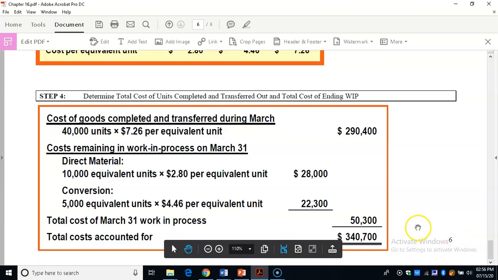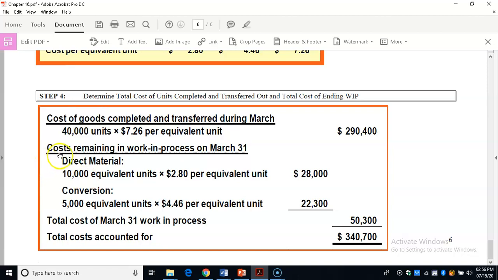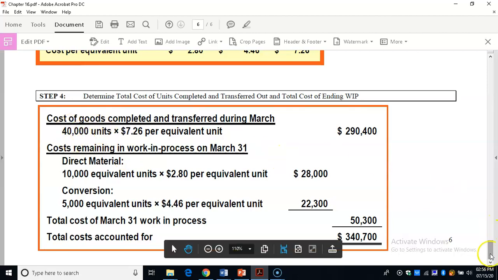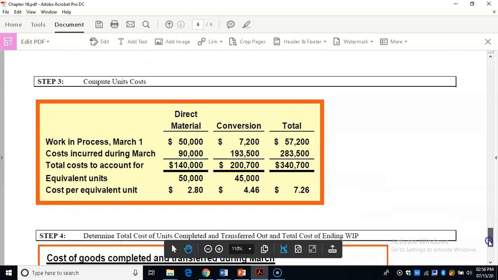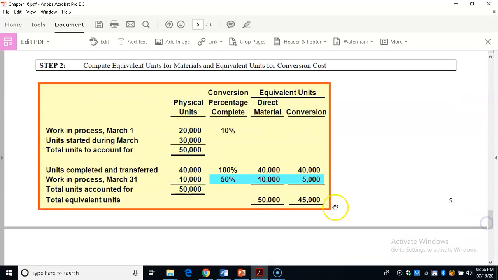Okay, so here we're going to be assigning the costs. We have two parts here. We have cost of goods completed and transferred during March, and we have cost of the ending work in process. It says March 31st. That's the end. So how many units did you complete and transfer out? It says 40,000. Let me show you where the 40,000 comes from. It comes from here.